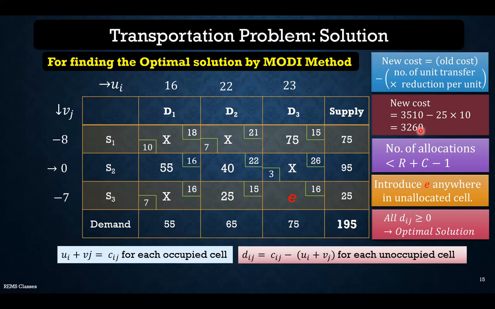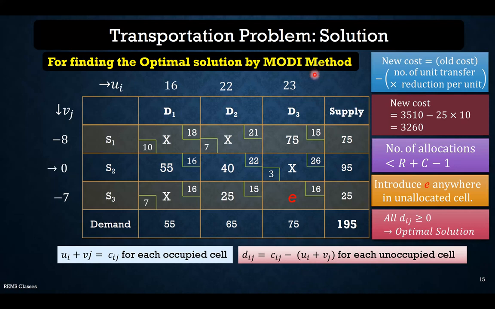All the values of dij are positive, so the obtained solution is optimal, and this is the minimum transportation cost, obtained by making use of the modified distribution method.